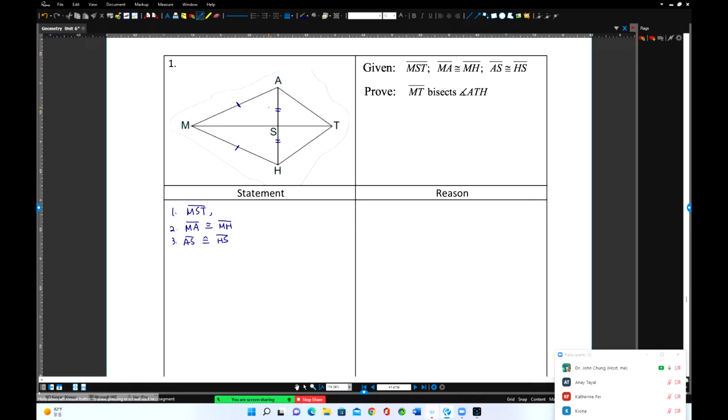It's already two sides over there, okay? So we're gonna prove, right, MT bisects angle ATH. We have to show that these two angles are congruent, okay? Then MT is what, angle bisector, right? We can prove this one.